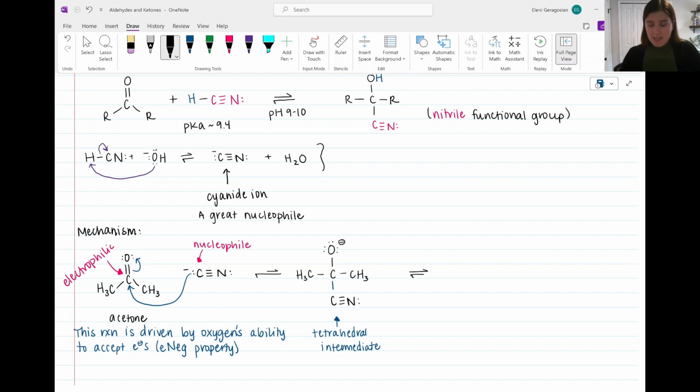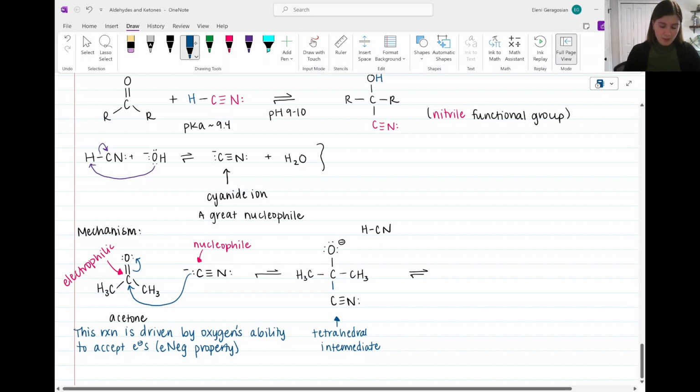So in this step where we have the tetrahedral intermediate, now we need a hydrogen bonded to oxygen. Since both hydrogen cyanide and cyanide ion are present in solution, we can remove a proton from hydrogen cyanide. And that will be how we reach the alcohol functional group in the final step.